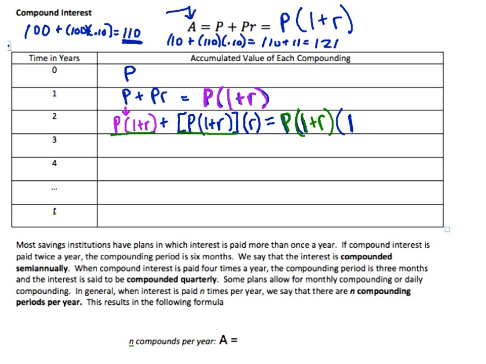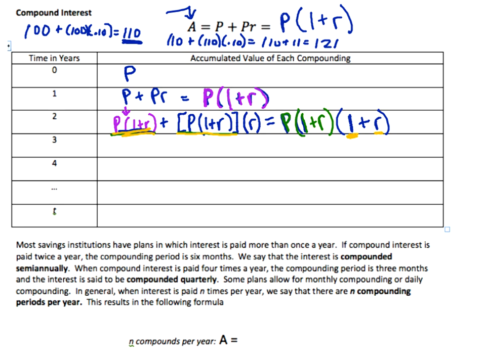And when I factor it out of that second term, I'm left with plus R. So I factored the P times 1 plus R out of this first term and was left with the 1 here. And I factor the P times 1 plus R out of the second term, and I'm left with R.